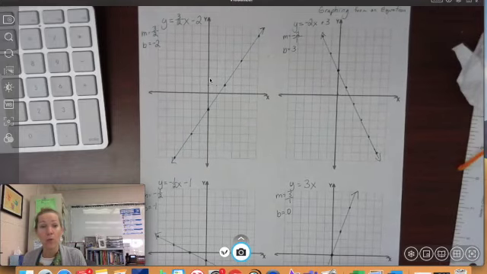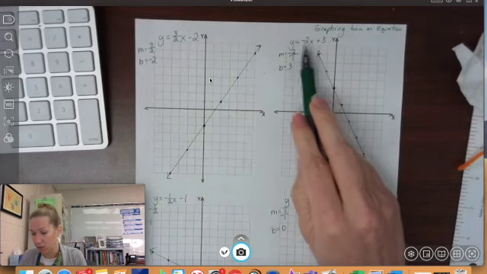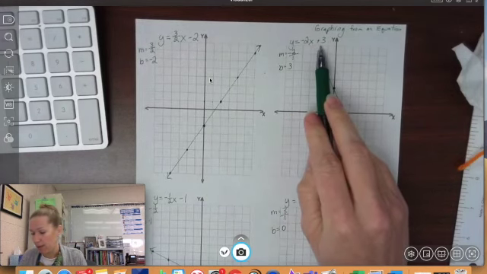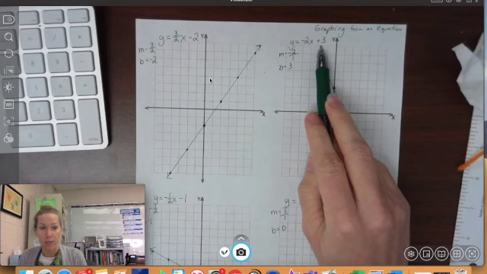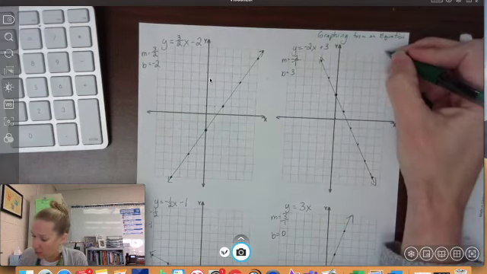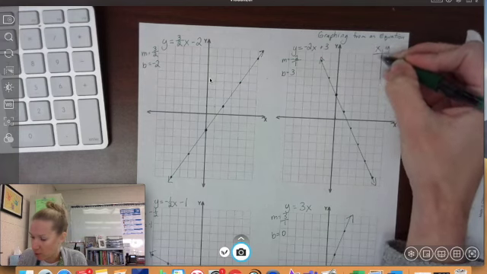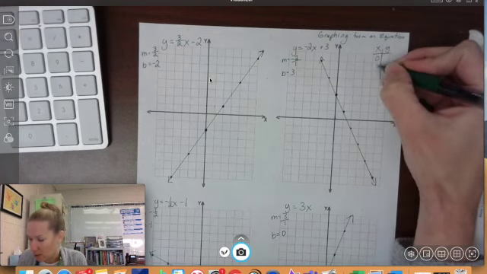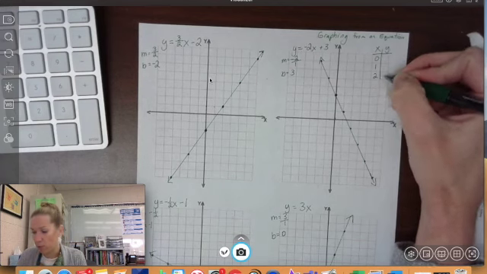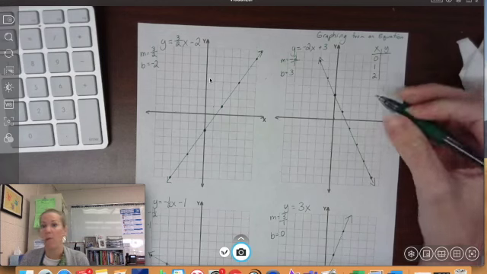Now, when you were graphing, if you're given an equation in slope-intercept form, you could make the xy chart where you put x over here and y here, and then you choose some x values like 0, 1, and 2 and find out what their y's are and then plot those. Absolutely, you can do that.